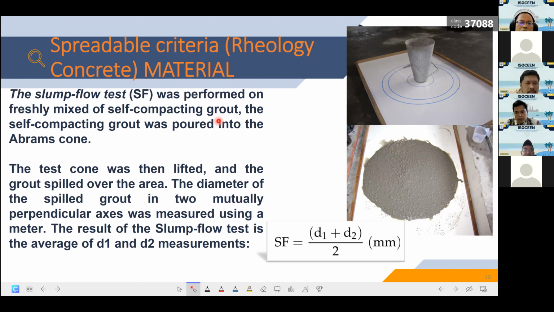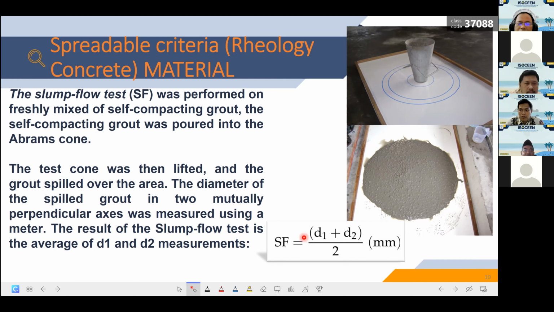The self-compacting grout was poured into the Abrams cone. This is the Abrams cone. And then the test cone was lifted and the grout spilled over the area. The diameter of the spilled grout along two mutually perpendicular axes was measured. The result of the slump flow test is the average of the T1 and T2 measurements.